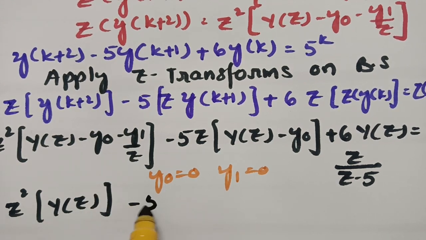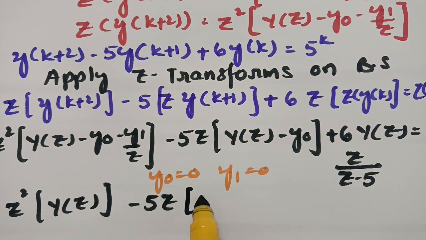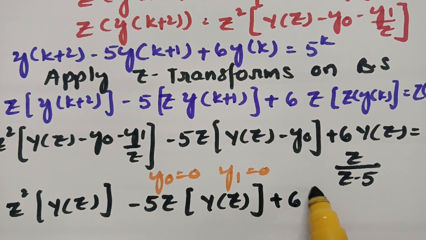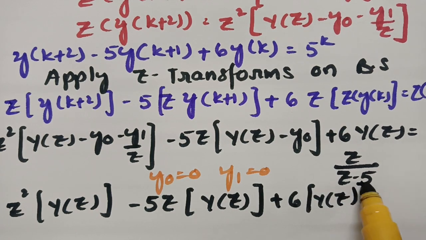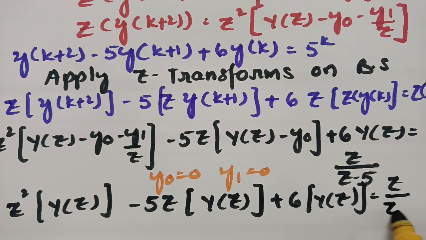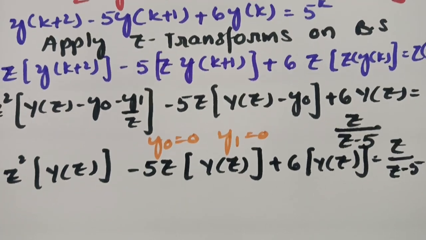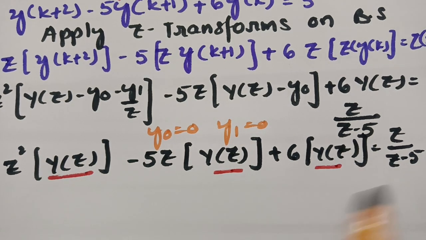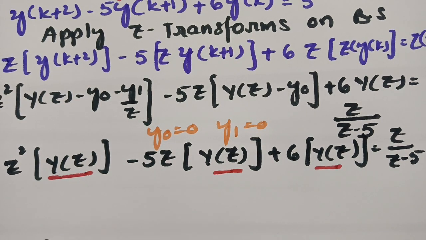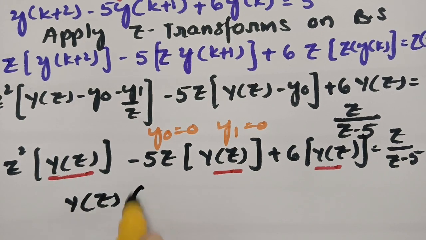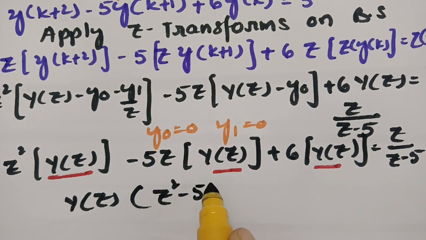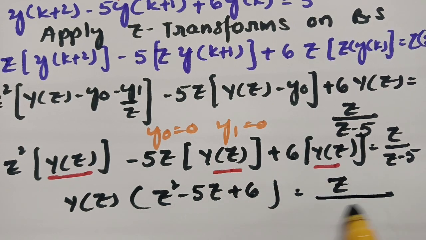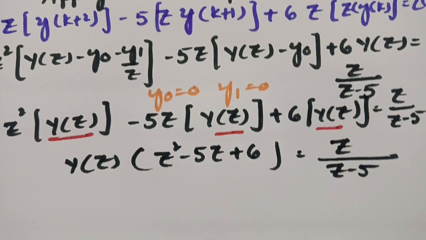What remains is minus 5z times Y(z), as y(0) is 0 here, and plus 6 times Y(z), equal to z/(z minus 5). Now I am taking Y(z) common from this equation. If I take Y(z) common, this will be z squared minus 5z plus 6 is equal to z/(z minus 5).